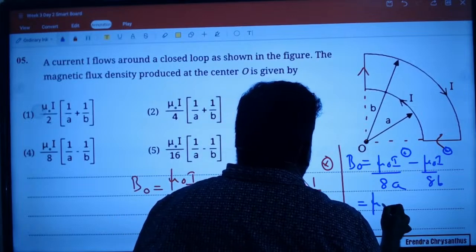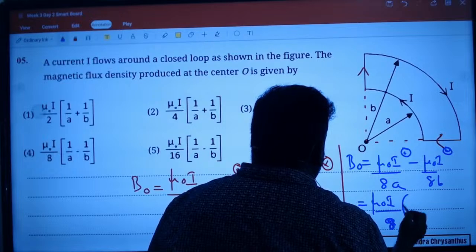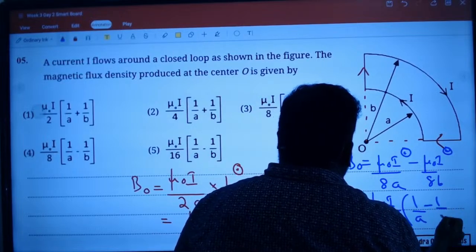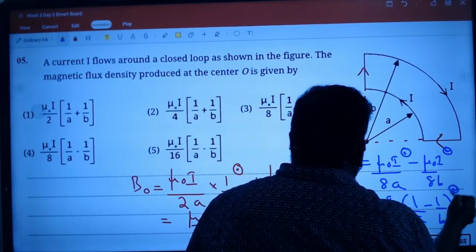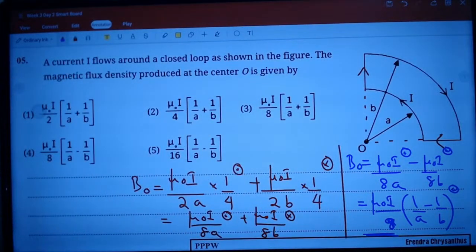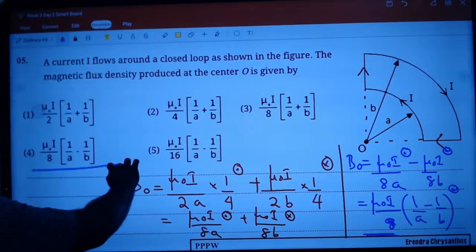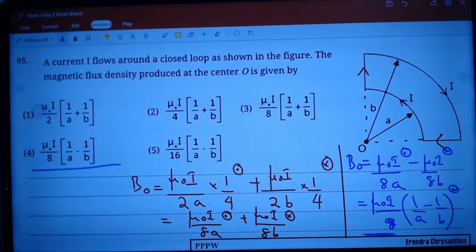Simplified, mu naught I divided by 8 times 1 over A minus 1 over B, outwards. So here you go: mu naught I over 8 times 1 over A minus 1 over B.